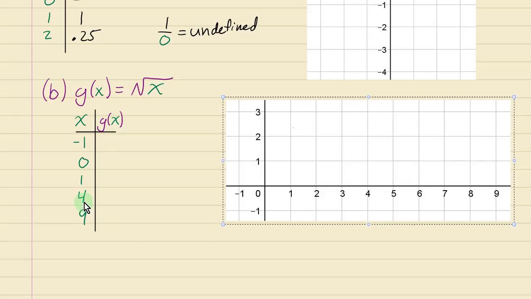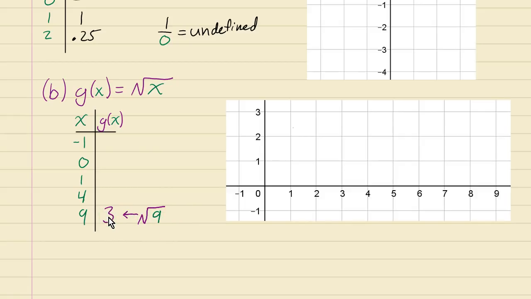So for example, I'm going to want to do the square root of 9, because the square root of 9 is just 3 here. So in other words, g of 9 is 3. Let's evaluate the rest of these. The square root of 0 is 0, the square root of 1 is 1, the square root of 4 is 2, the square root of 9 is 3, so that gives you those points.